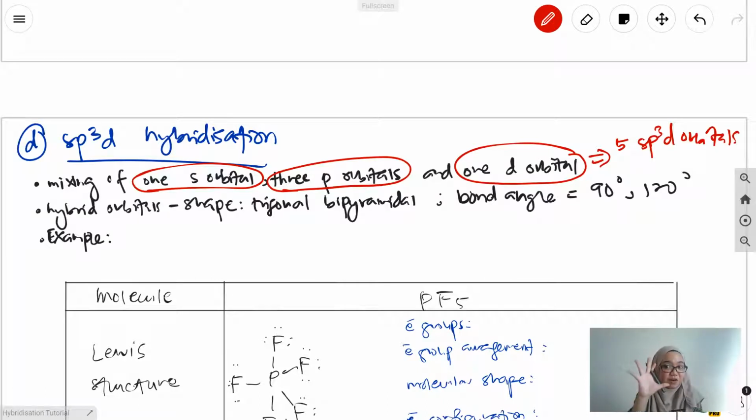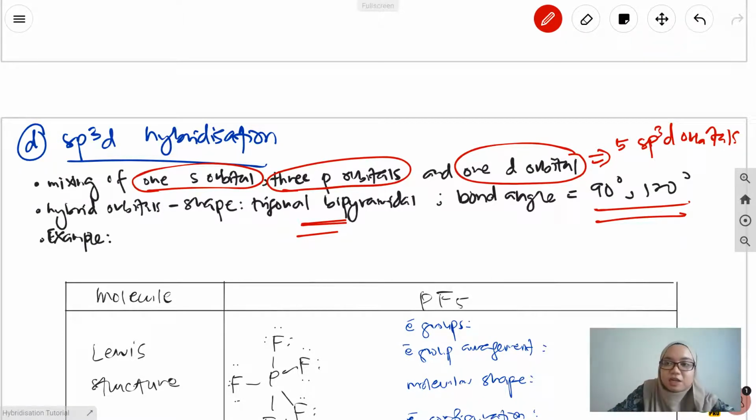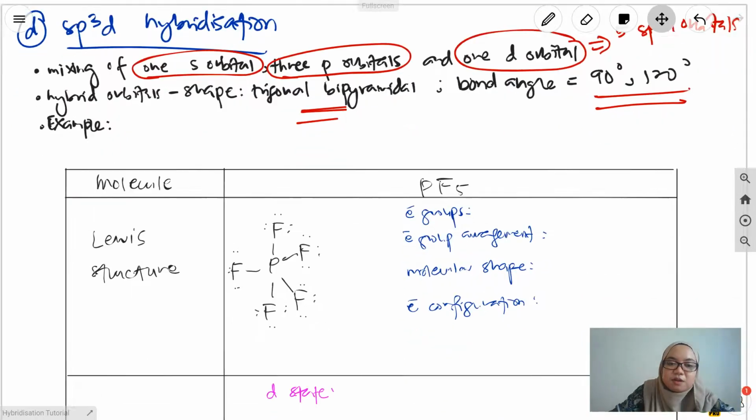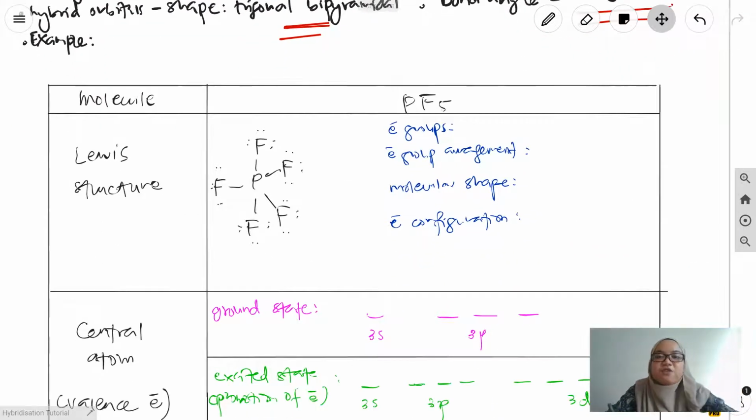Okay, so this has a shape of trigonal bipyramidal, and the bond angle of 90 degree and 120 degree. Okay, so now let's look at the example. So we have the molecule PF5 here.